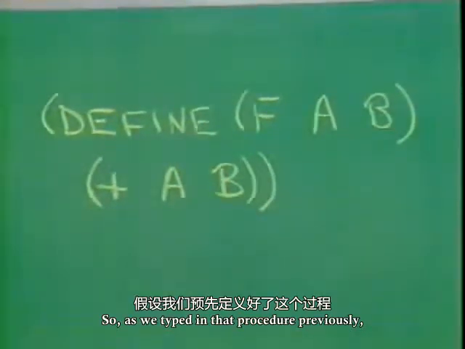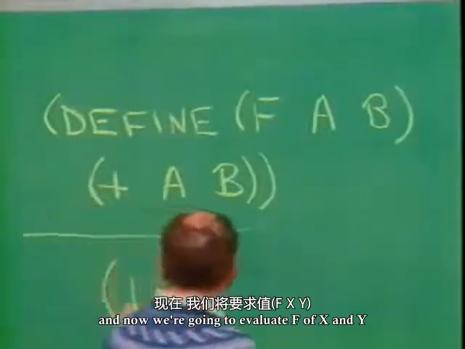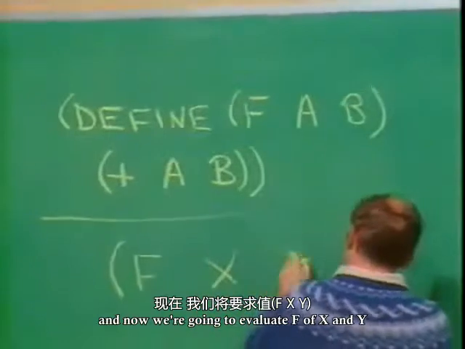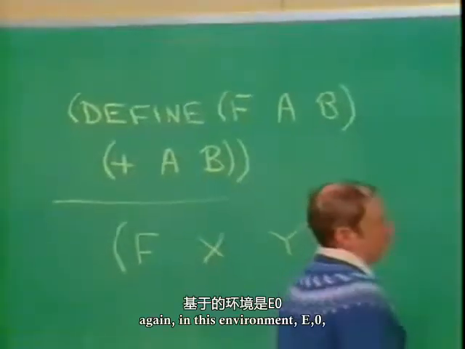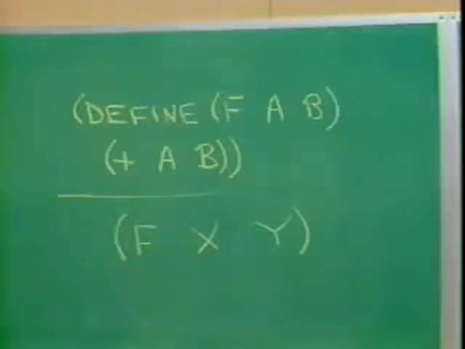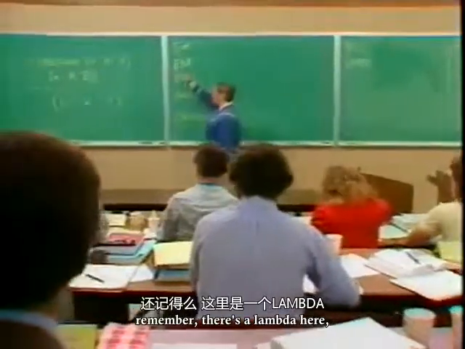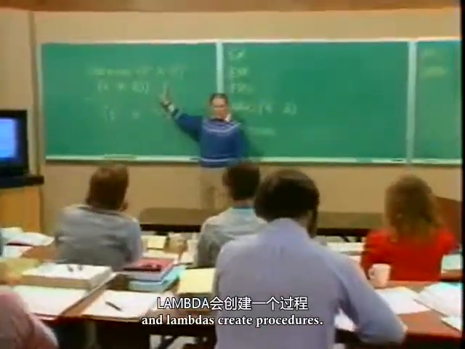So we typed in that procedure previously, and now we're going to evaluate f of x and y, again in this environment E0, where x is bound to 3 and y is bound to 4. When the define is executed, remember there's a lambda here and lambdas create procedures.